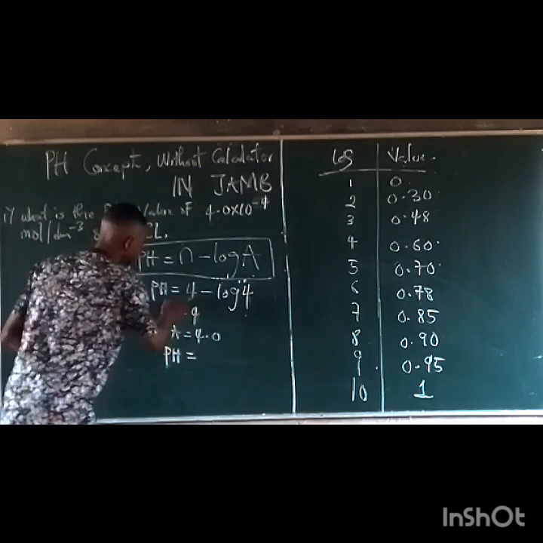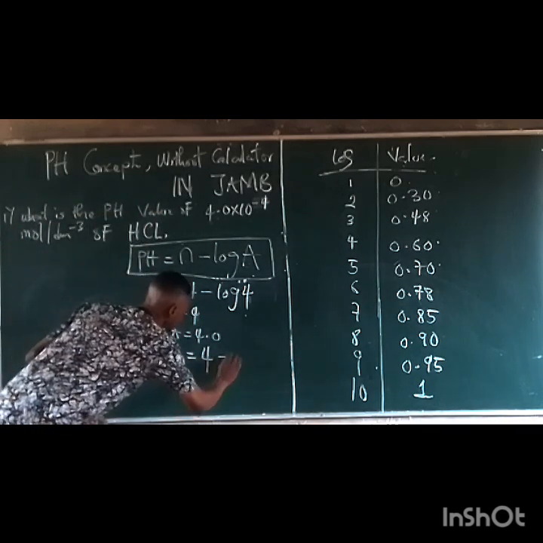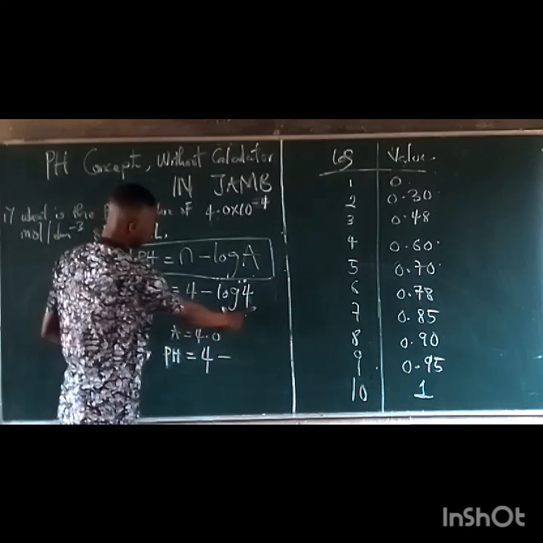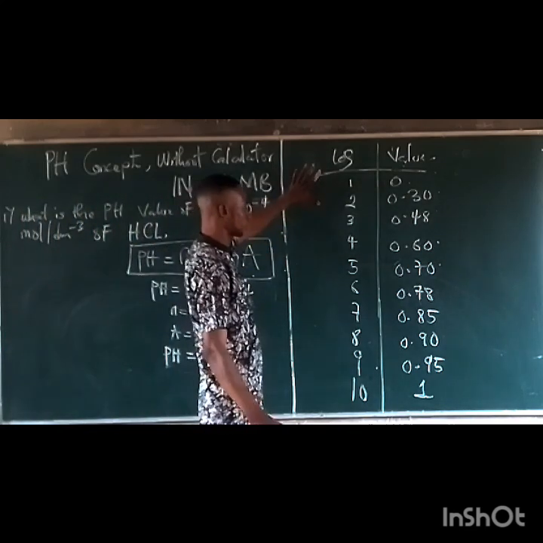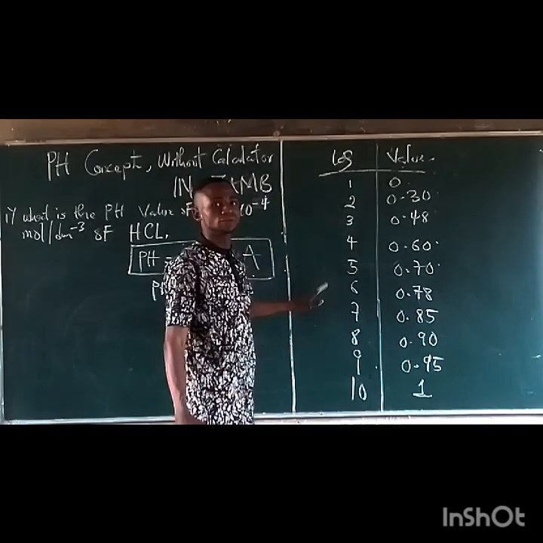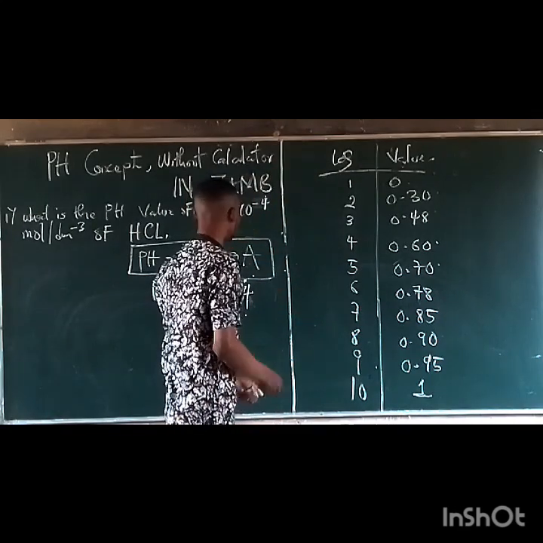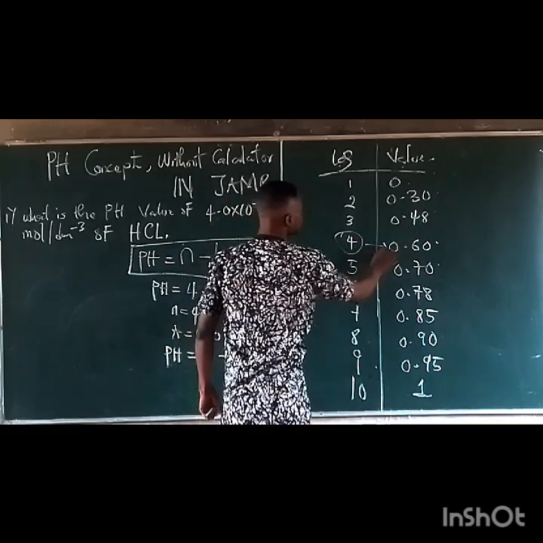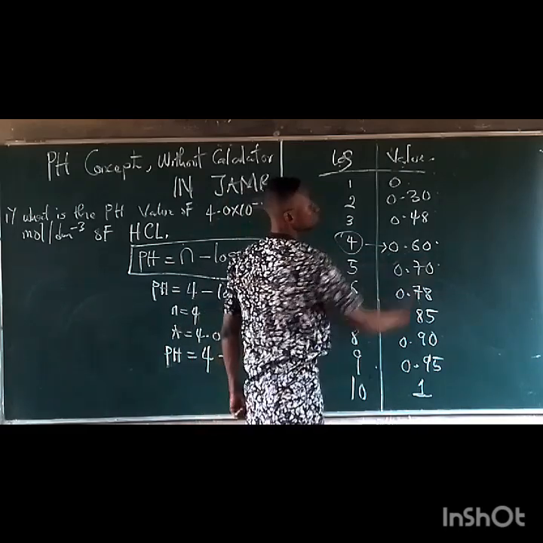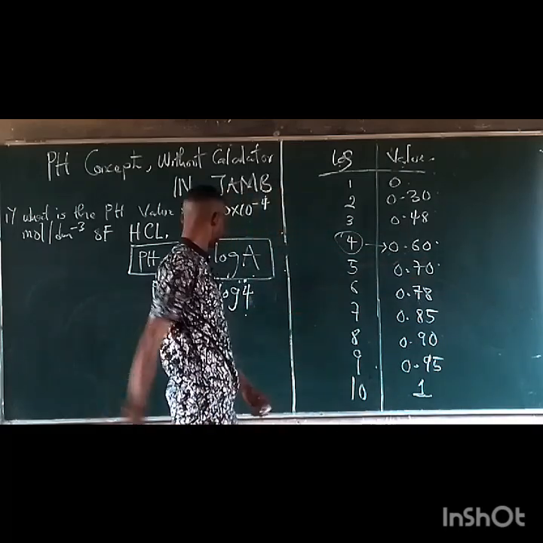So our pH will be equal to 4 minus log 4. You now come back to the table of values that you drew here. You look at log 4, and log 4 will give us 0.60, as indicated here.